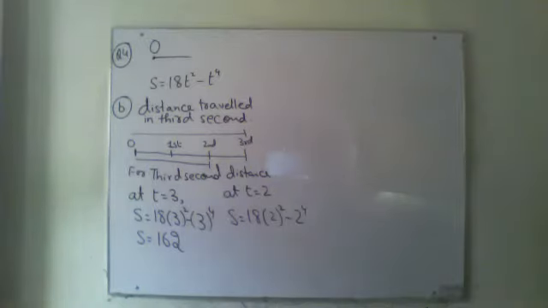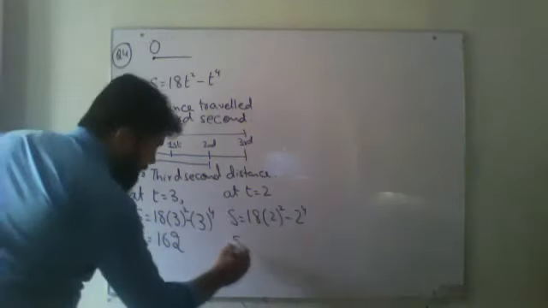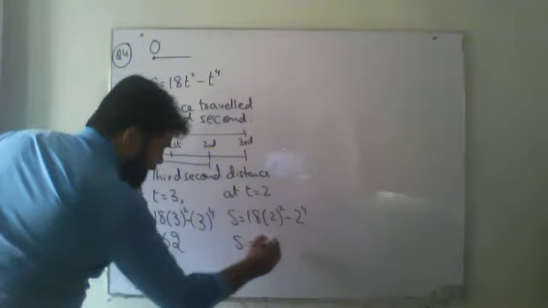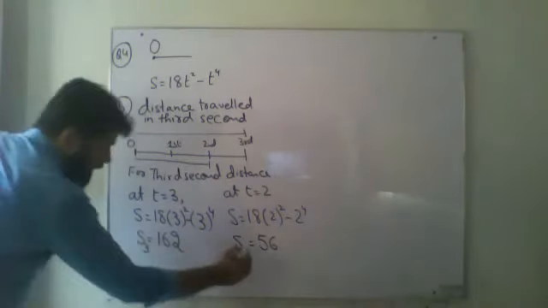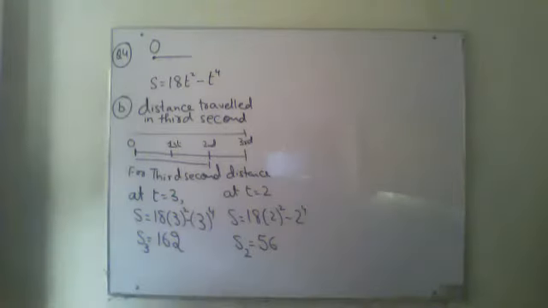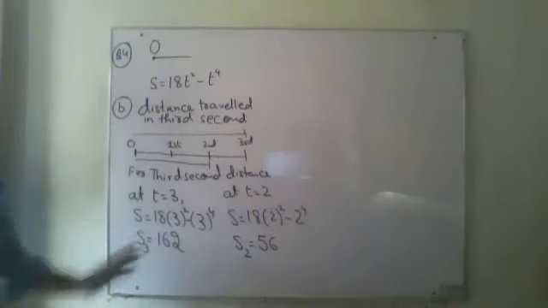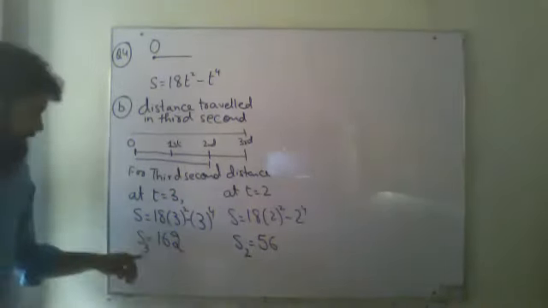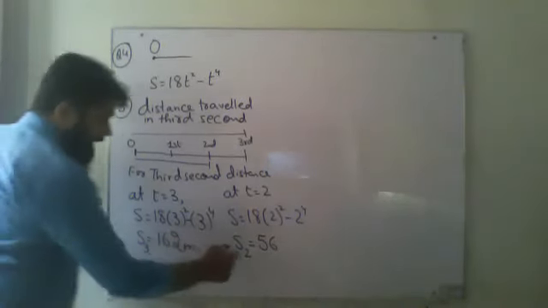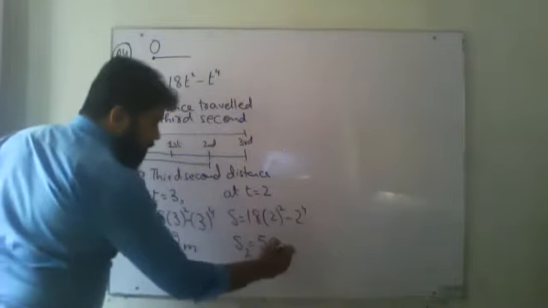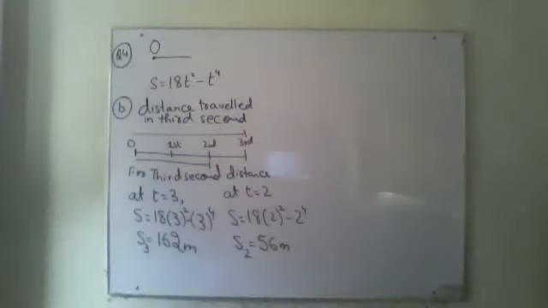And my final answer of s is coming 56. I am writing 3 and 2 over here so you can understand, this is for 3 seconds. Not necessary, I have just written it. S3 equals 162 meter and S2 equals 56 meter.